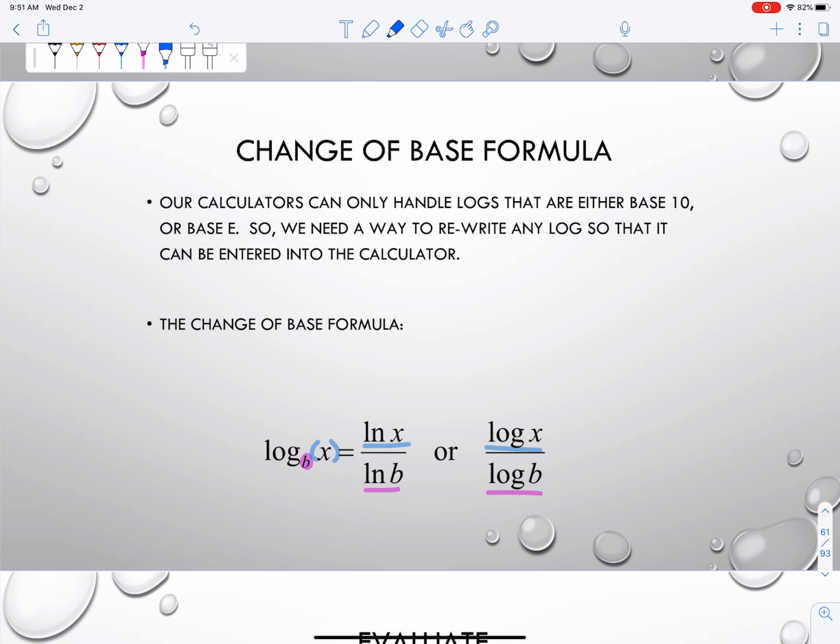and the quantity of my original log becomes the numerator. Okay. Now a slight expansion to this property is that really the log base b of my quantity x, I can rewrite into any log base. Typically we're going to use it with natural logs or log base 10, but in theory, I could write this in any log base a: log base a of my original quantity x over log base a of my original base b.